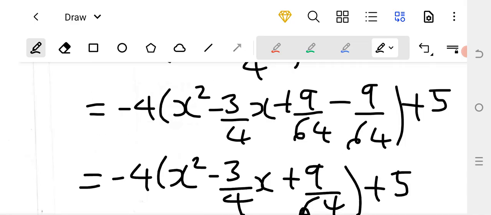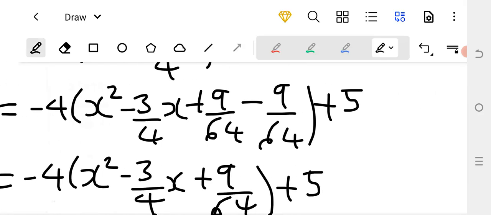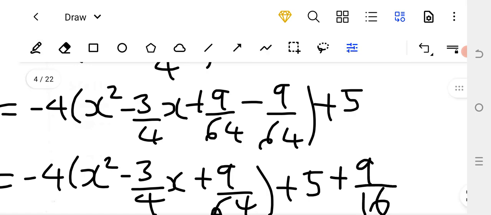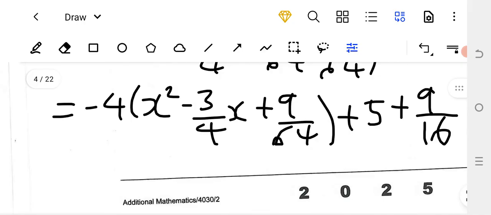So I'm going to say 4 into 64 is 16. And then the sign in front of the negative 4 there, multiplied by the sign in front of the 9 over 64, is going to have a positive. So a positive 9 over 16. Like that. 4 can go into 64 16 times.